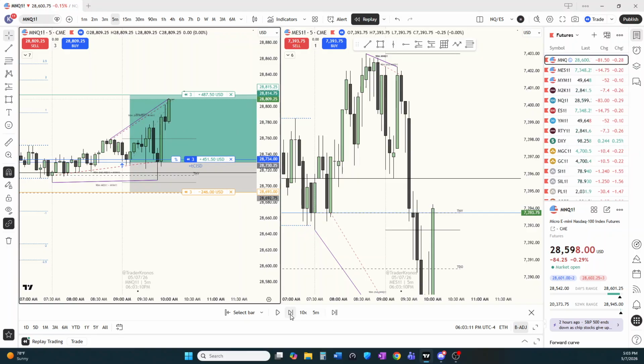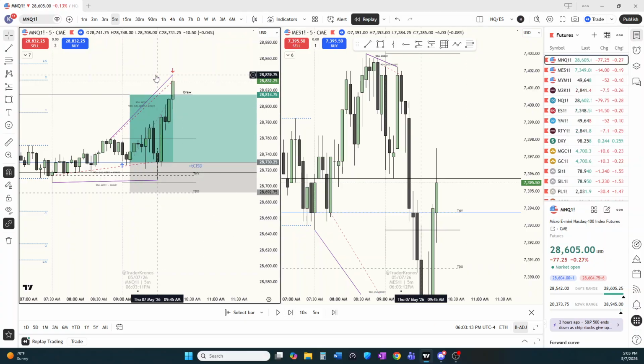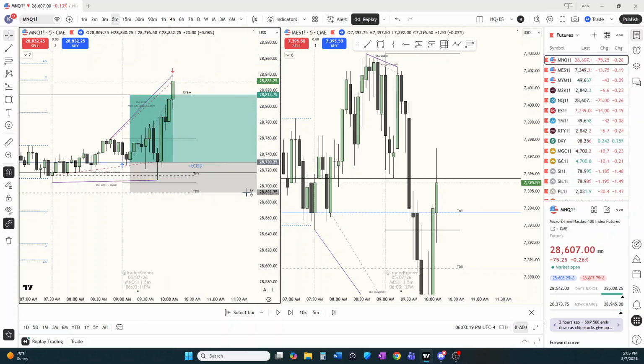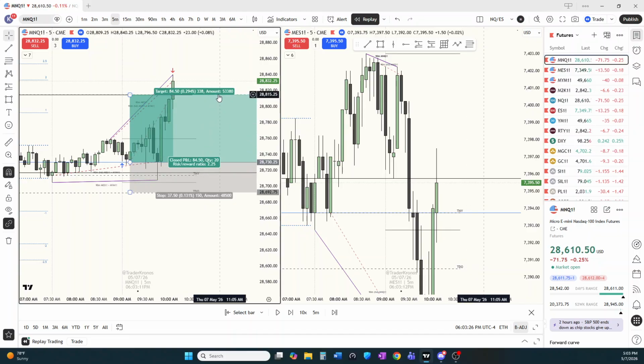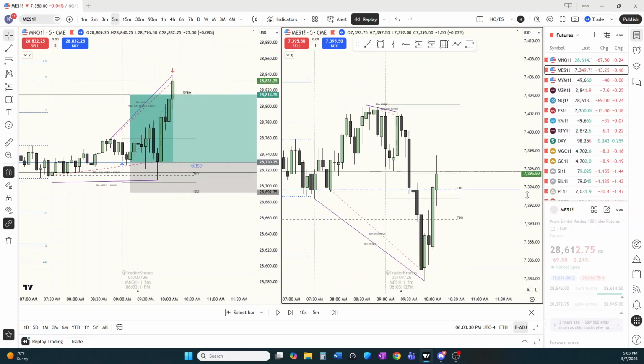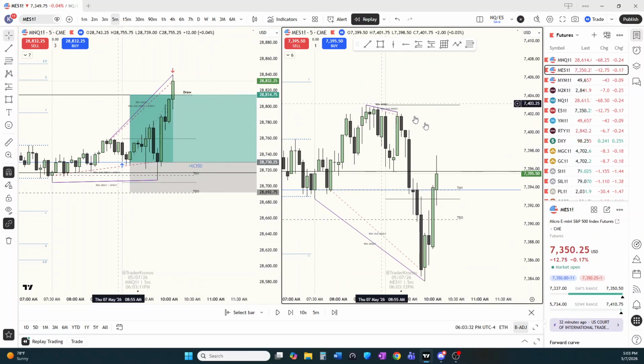Till eventually we hit our draw. Okay, now once we hit our draw, now I'll be watching for any other sequential SMT to form that would take us lower, right? So if we've hit London highs over here and ES has failed to do so, right?